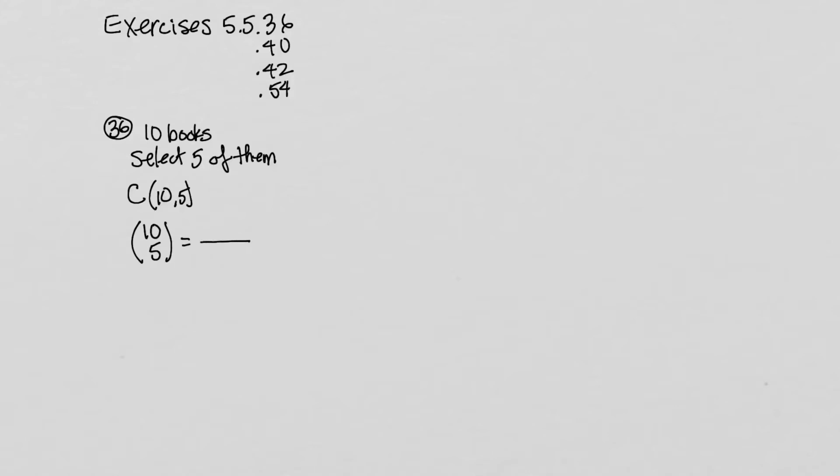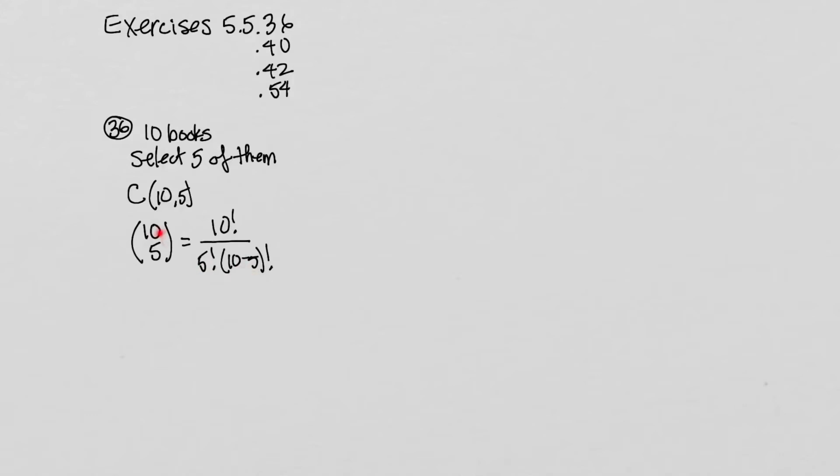And we can compute this using this formula, 10 factorial over 5 factorial times 10 minus 5 factorial. So remember now, in the numerator, you put the total number of objects that you've got and factorial that. In the denominator, we're going to put the number that we're going to use. We're going to use 5 books and factorial that, times the number that you're not going to use and factorial that.